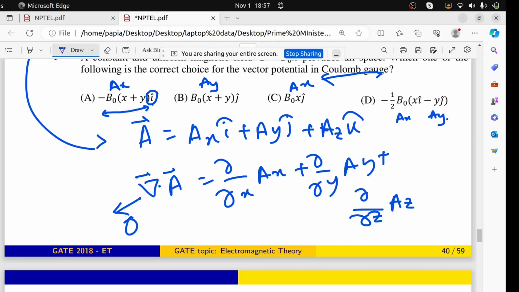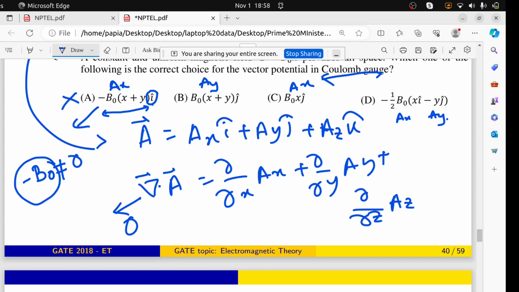I cap is there, that means Ax is there. So if only Ax is there, we only need to do del del x of Ax, we don't need to do anything else. So if I do del del x of Ax, this part, then what will be the value here? It will come as B0, because you can see here B0 x plus y. So B0 will come out from del del x of Ax. But you can see B0 is non-zero. That means this condition will not be the correct one.